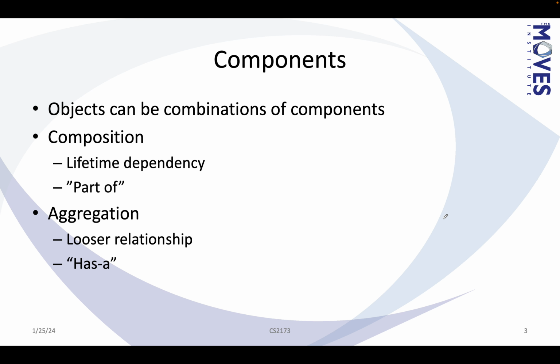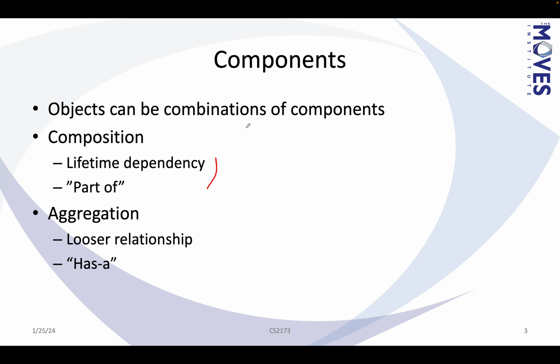One distinction about composition would be if there's a lifetime dependency. That's one criterion. In the die class, for example, we have the random and we have the die type, and once those were set, for the life of that object, it had that particular die type and that particular instance of random.